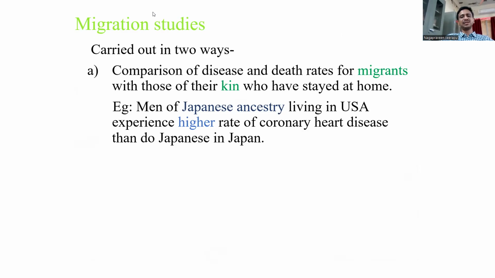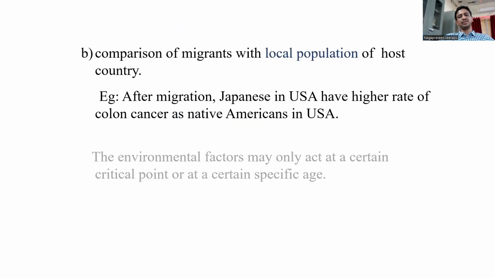Men of Japanese ancestry living in the US experience a higher rate of coronary heart disease than Japanese in Japan. Sorry, the Japanese who migrated are compared with local Japanese people. The migrated people have experienced more coronary heart disease.